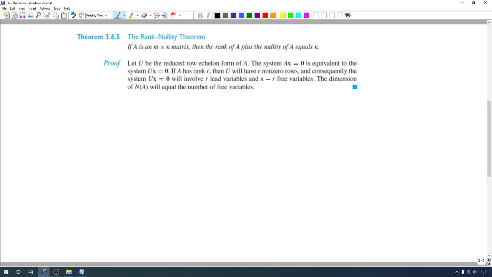Now we're going to talk about the rank of the matrix A. Remember, the rank of A is the dimension of the row space of our matrix. But we also have this other number that's associated with our matrix, what we call the nullity.